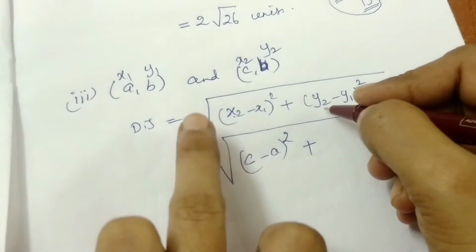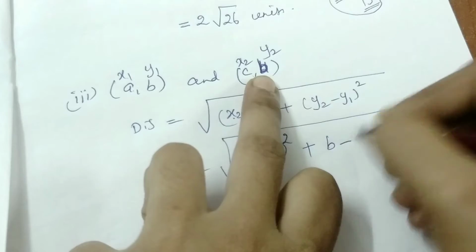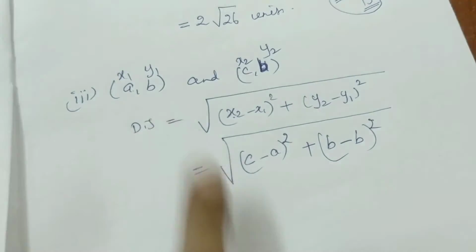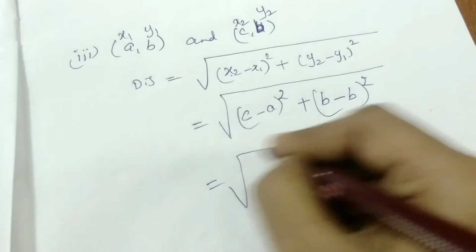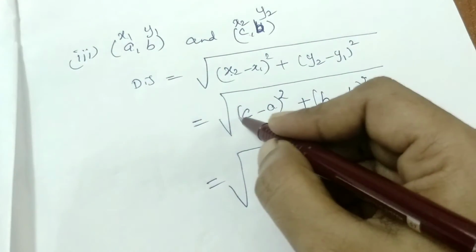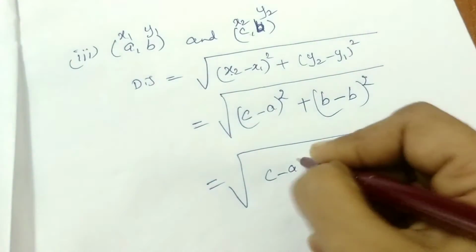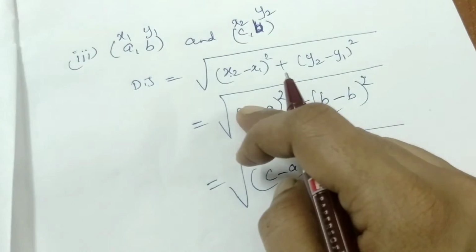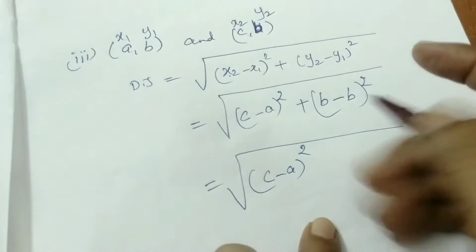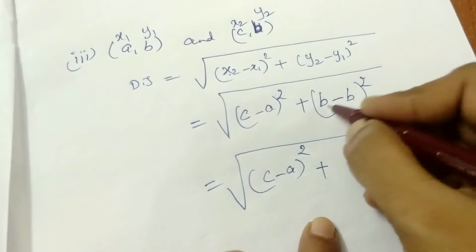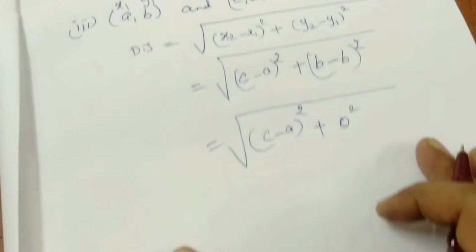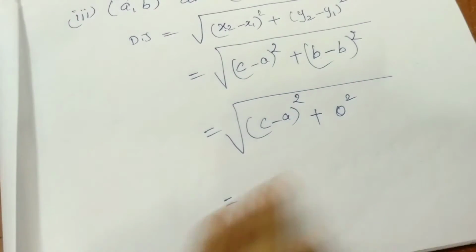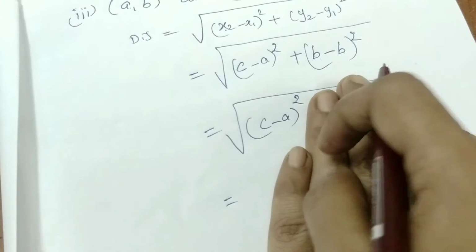What is our y2 here? D minus y1 is nothing but B. So D minus B the whole square. Now keep this C minus A the whole square as it is. So this is not a number, this is our variable. So you keep this as it is. Again, 0 square is nothing but 0, so you should not take this value.